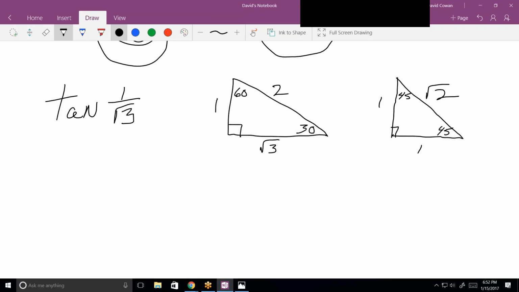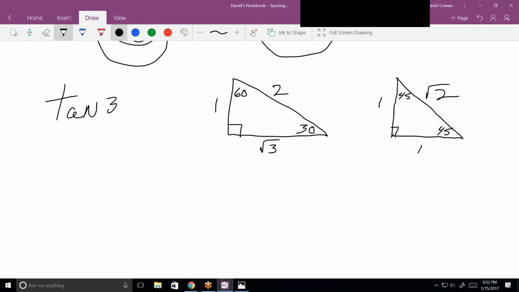Now, I had a student the other day that said his trig teacher told him not to rationalize these. With trig, you're better off not rationalizing it, and it's okay to give an answer of 1 over square root of 3. If we had to rationalize that, it would be square root of 3 over 3. Hold on, I wrote it wrong.